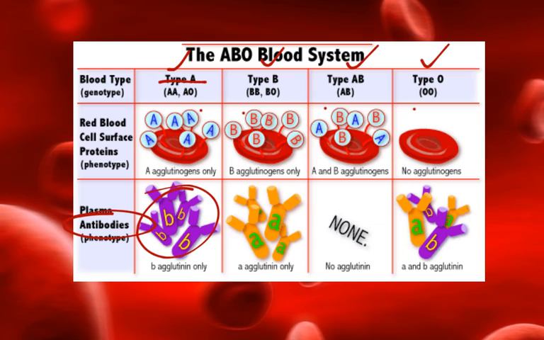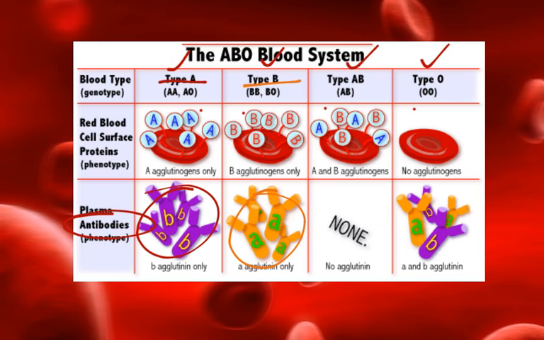The same is true if you are type B and were accidentally given type A blood, because your body has built up A antibodies that will begin to fight off the A blood. Your body does not recognize type A blood, and if you are given it in a transfusion, it could be a very bad thing and make you very ill.